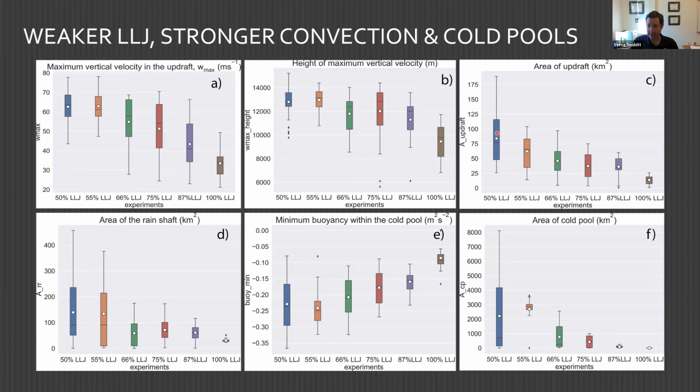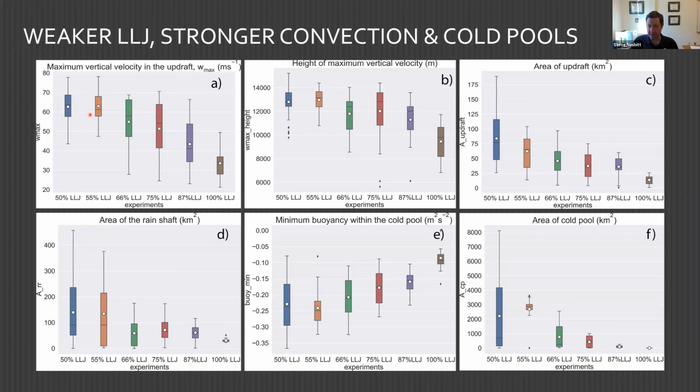So these updrafts, in terms of their area, end up being much stronger than these supercell cases. So they're much broader, they're much stronger in terms of vertical velocity, and that ends up causing much more vertical mass flux in the case of these MCSs, not only because there are more updrafts, of course, along the edge of the cold pool, but also because each individual updraft is much stronger and broader.